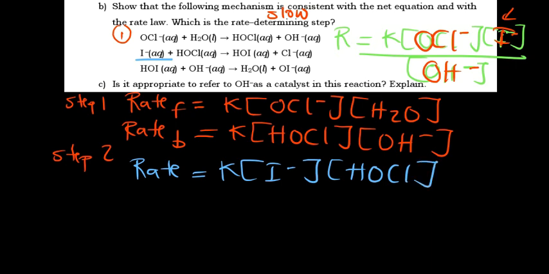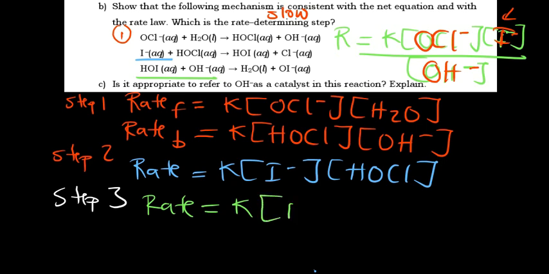By the way, if you had a 2, for example, on water, it would mean the power would be 2. So we are raising this based on the stoichiometric coefficients. And then for step 3, for the reactants, hydroxide is there. So we have to show it.